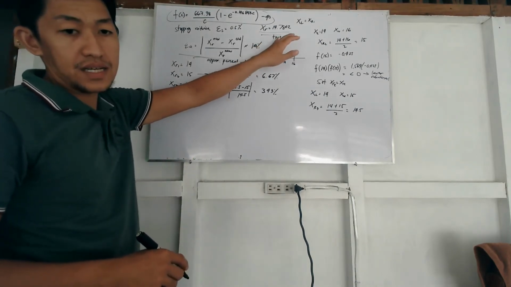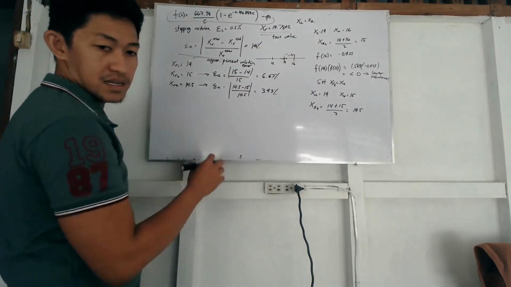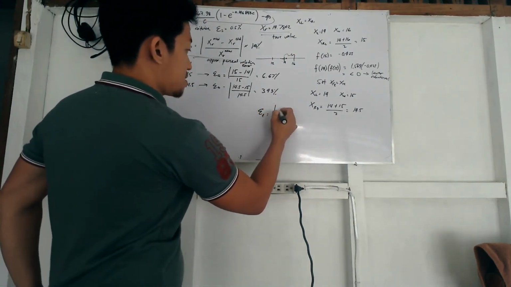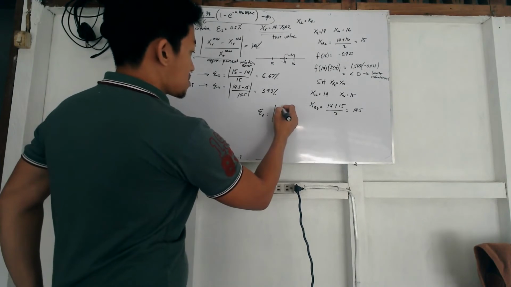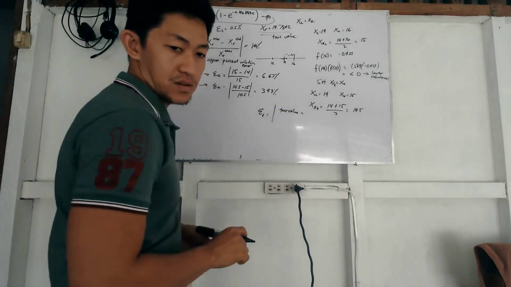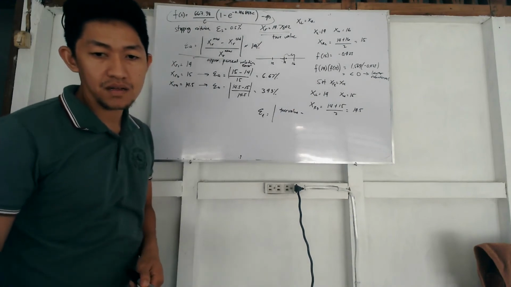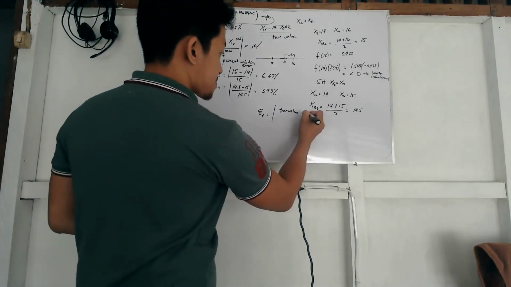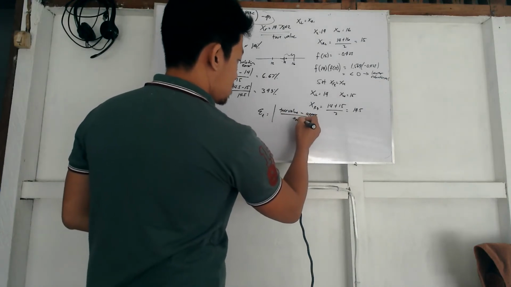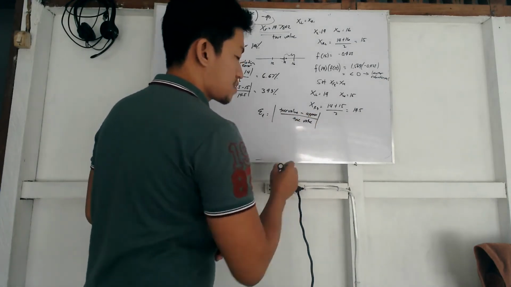Now, kung given ka sa true value, ang error will be: you have true value minus approximation over true value. Okay?